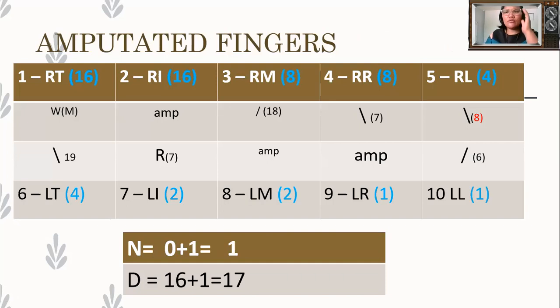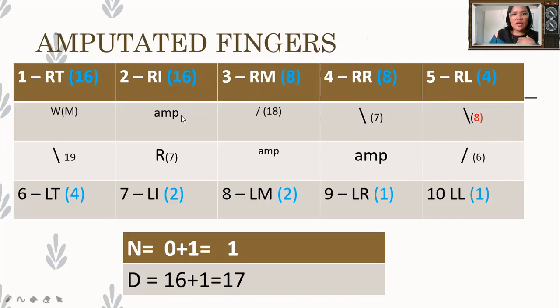So to continue also, I would like to present how you would give the classification in case there are amputations. There are fingers that are cut or inborn, so this is how you would treat them. Whatever pattern is present at the other hand will serve as the pattern at the other hand, left or right.